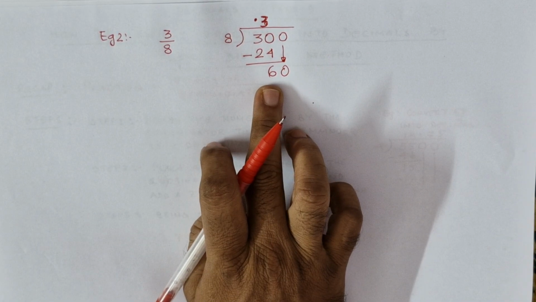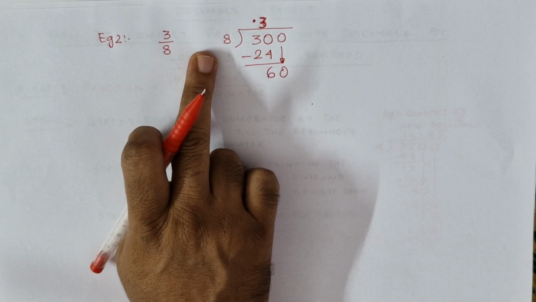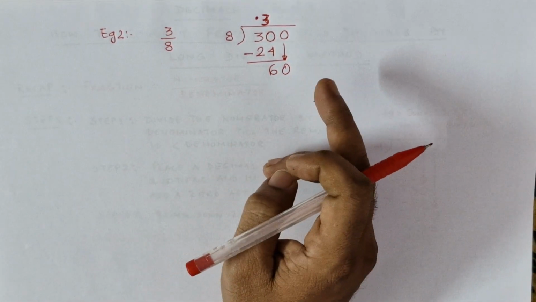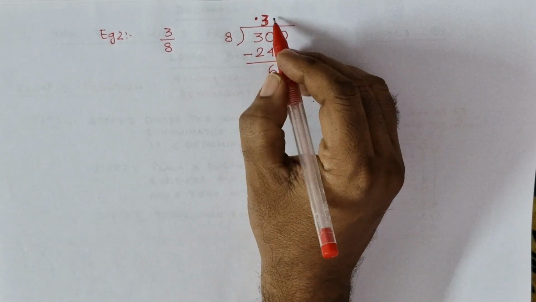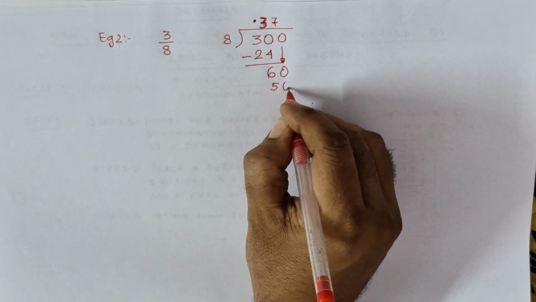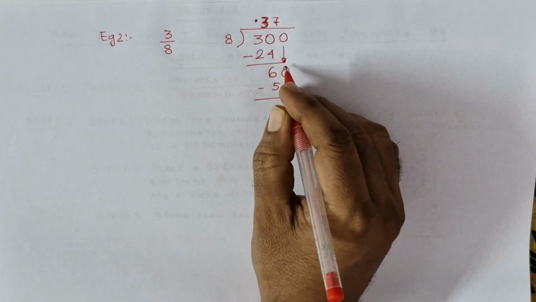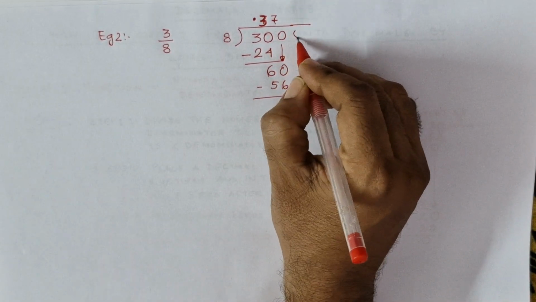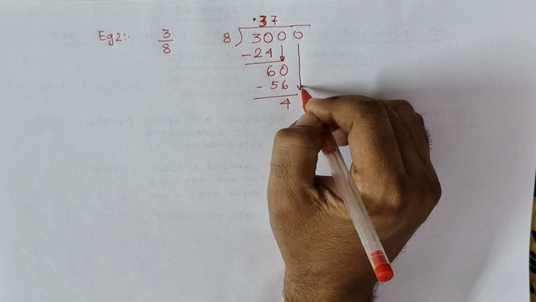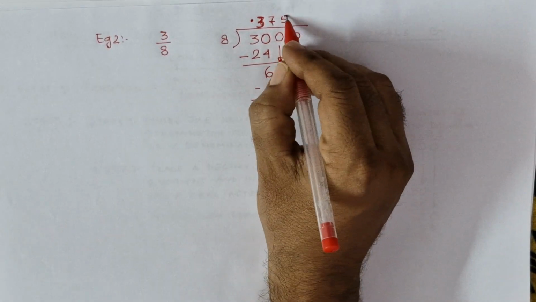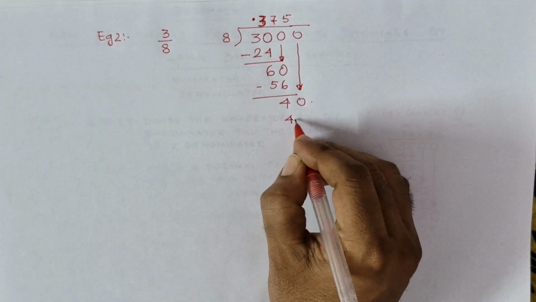Because we got a remainder 6 which is less than the divisor or the denominator. So we add a 0 and we bring it down. 8 sevens are 56, right? The remainder is 4. Again we add a 0 and bring it down. So it's 40. 8 fives are 40.